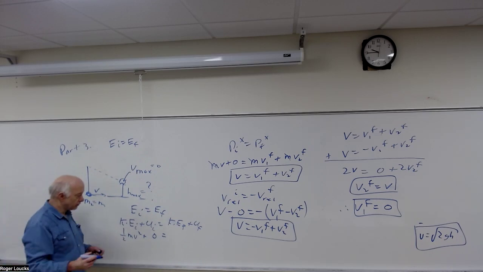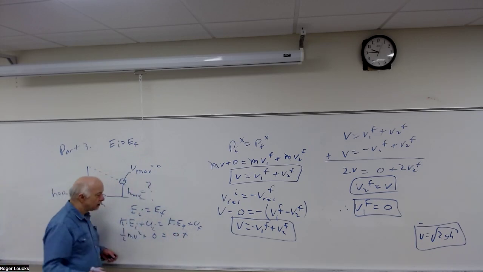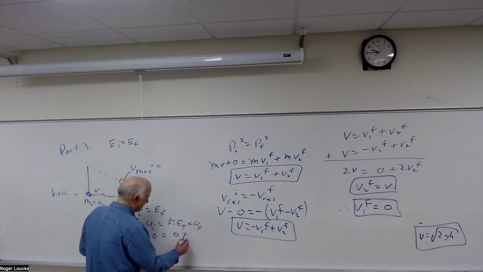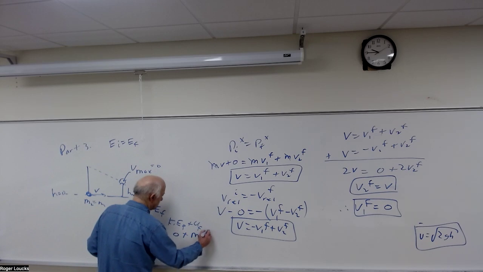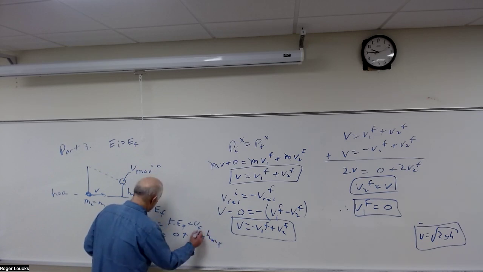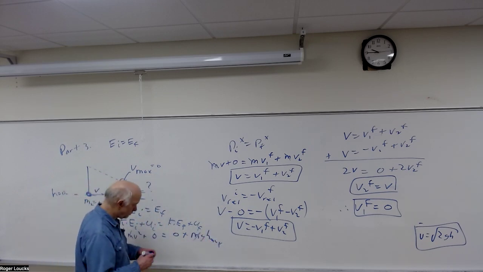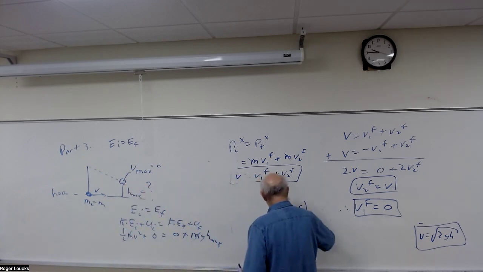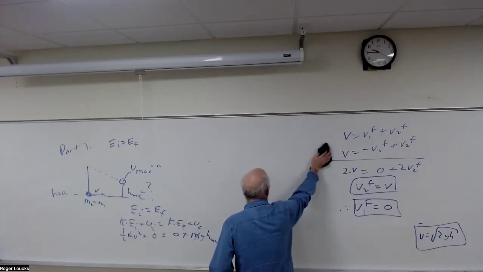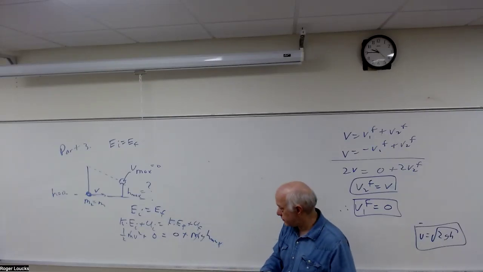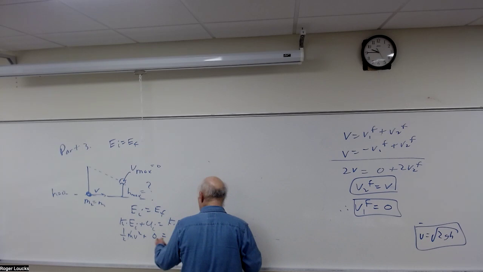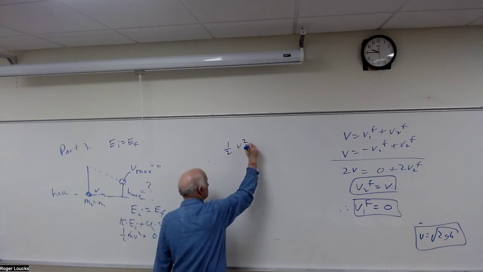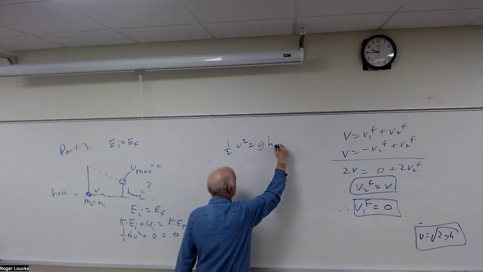Okay. So this would be 0 plus, and then your U final is mg, which I'm calling H max here. So this is your mg H max. Okay, so your m's go out. This gives me 1/2 v squared equals g H max.